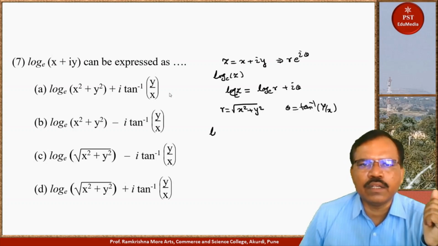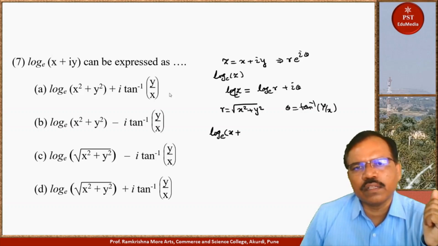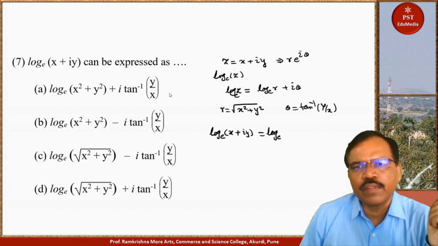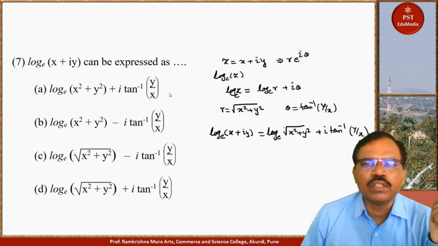So I can write log to the base e of x plus iy is equal to log to the base e of r, which is root of x square plus y square, plus i into the argument of the complex number, that is tan inverse y by x. So this is the representation.